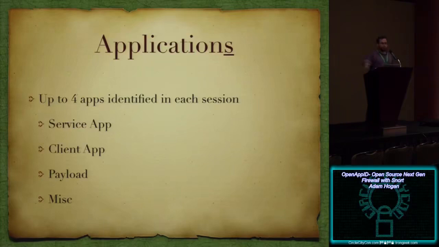The client application is Firefox. The payload application is Facebook. And the miscellaneous application comes back as Facebook chat, right? If we have that kind of view of the data. So we'll actually see a number of applications get identified on any network session, right?